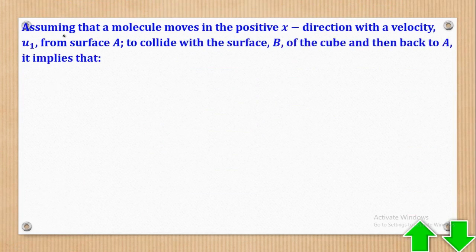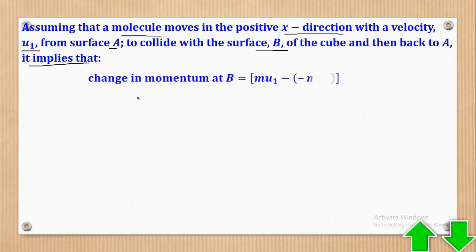So we shall come and say that assuming that a molecule moves in the positive x direction with a velocity u1, as we saw in the diagram, from surface A to collide with surface B of the tube and then back to A, it implies that the change in momentum at B is equal to mu1 minus negative mu1.